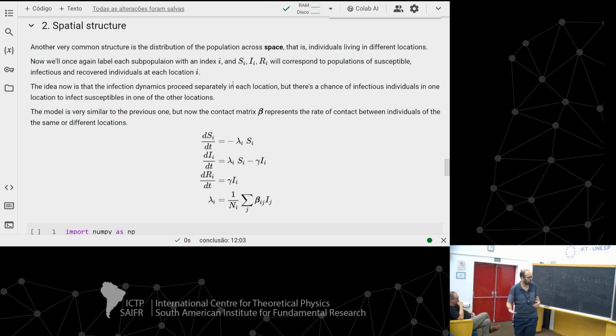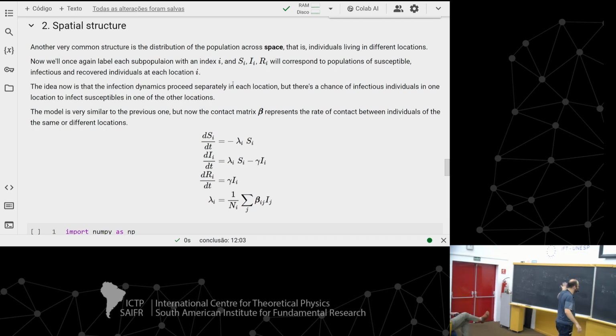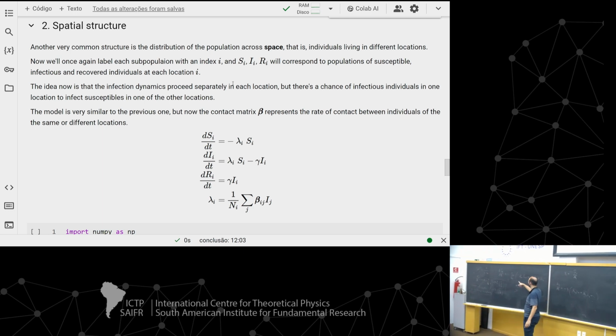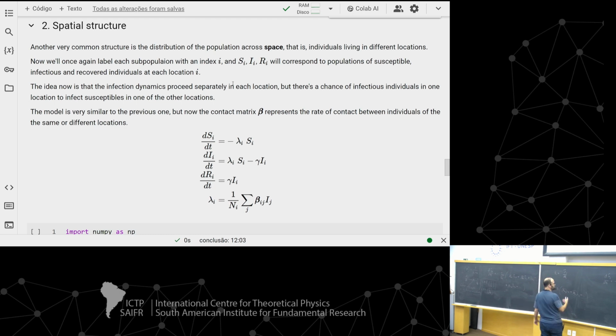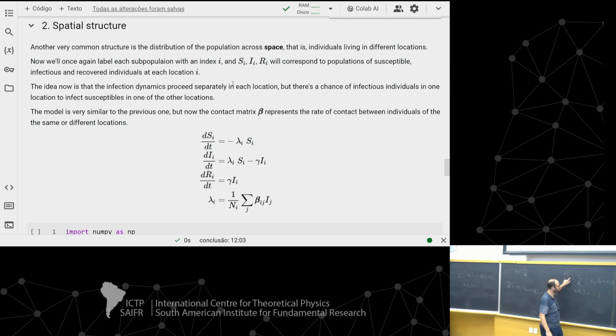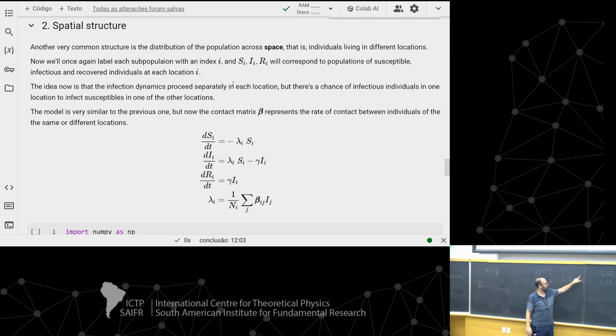So I will have essentially the same structure here, but the diagonal element beta 0,0 is going to be much larger than the contacts with the other cities. And the same for city 1, here, S1. In city 1, the contacts among individuals of the same city will be much larger than the contacts with individuals of other cities.